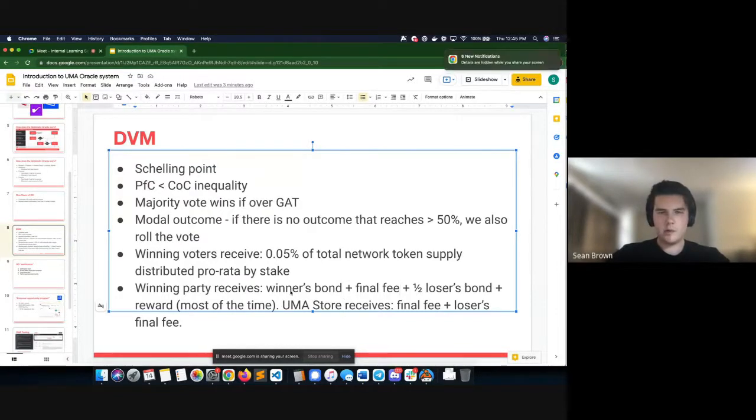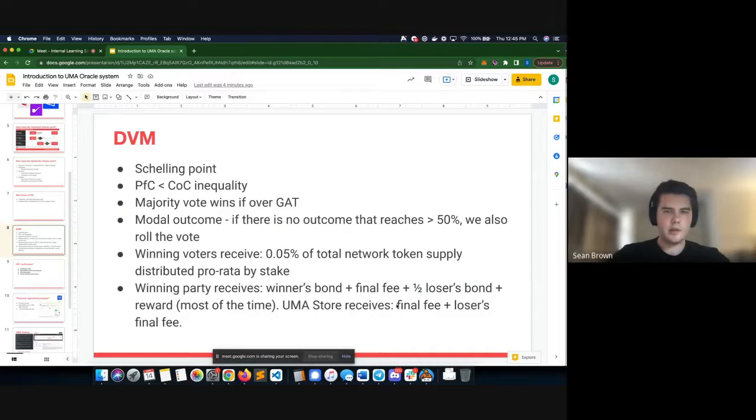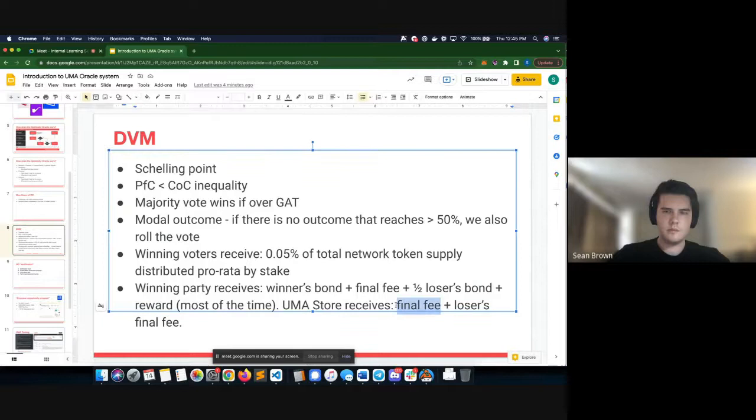And the winning party will receive their own bonds back, plus their own final fee, plus 50% of the loser's bonds, and I believe this is adjustable by vote in our system, plus whatever the voting reward was. The UMA system, or our UMA store contract, will basically get the loser's final fee. Sorry, this should be the loser's final fee plus half of the loser's bond.